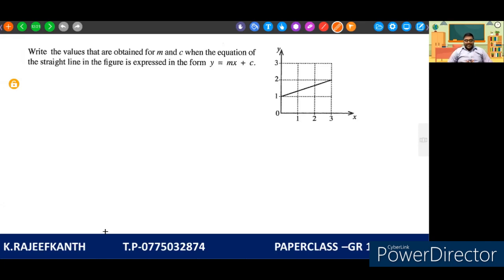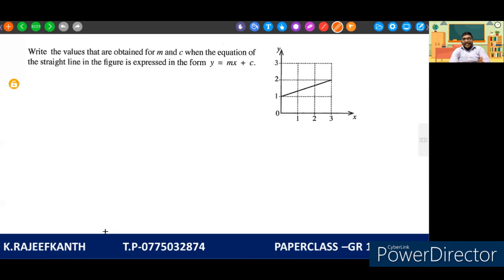So this is in grade 9. You know how to find the gradient of a straight line. If you know 2 coordinates of points, then you can find the gradient because we know that difference of y coordinates over difference of x coordinates is equal to gradient.